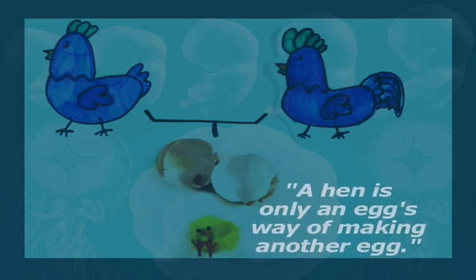Only the germ cells, that is egg and sperm, pass characteristics to the offspring. Somatic cells are not directly involved in passing on traits to the next generation, and characteristics acquired during an animal's life are not passed on to the offspring. Remember that a hen is only an egg's way of making another egg.